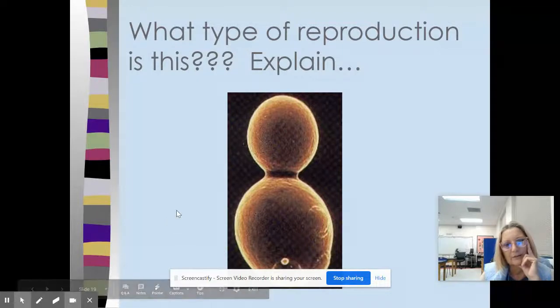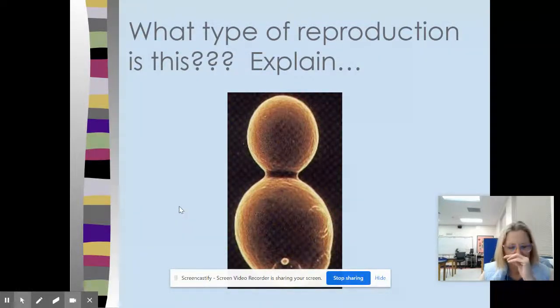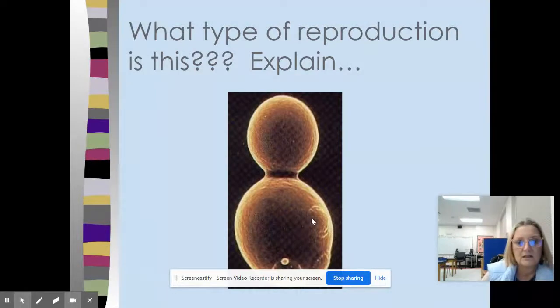Okay, we've been over this about 10 times now. This type of reproduction, you have the main cell, the DNA divides, and a new cell is growing, and eventually the two cells will separate.